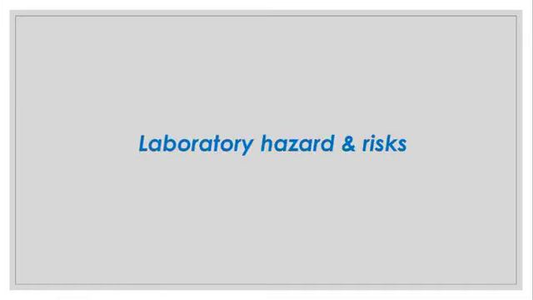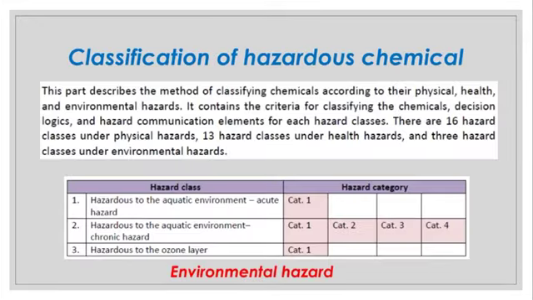Okay, first of all, we will go to laboratory hazard and risk. This is the classification of hazardous chemicals. For classification of hazardous chemicals, there are 16 hazard classes under physical hazard, 13 hazard classes under health hazards, and 3 hazard classes under environmental hazards.